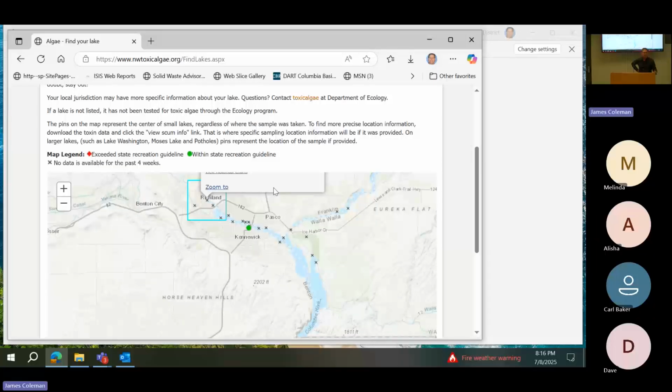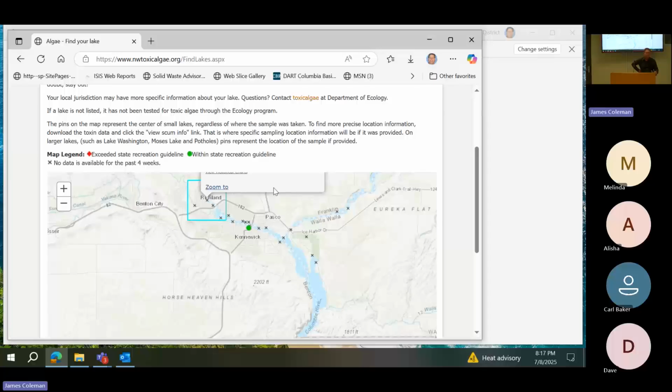So when you do a test and you do find it positive, how long after that is it? Can the water change the very next day? Is there any way for us as recreational users to know? For instance, I'm a user of irrigation district water and also of Snake River water as well as the Columbia.